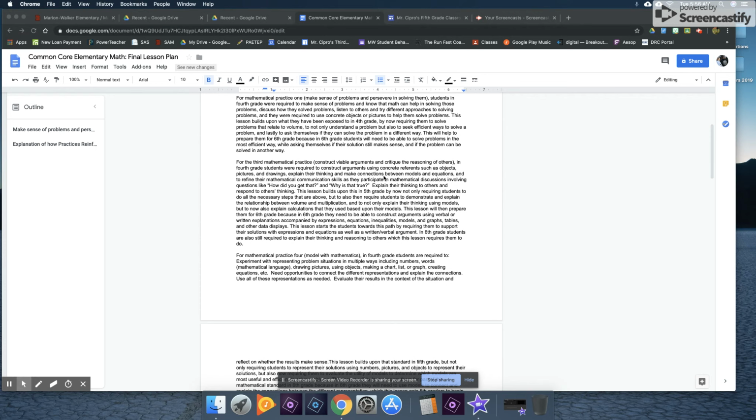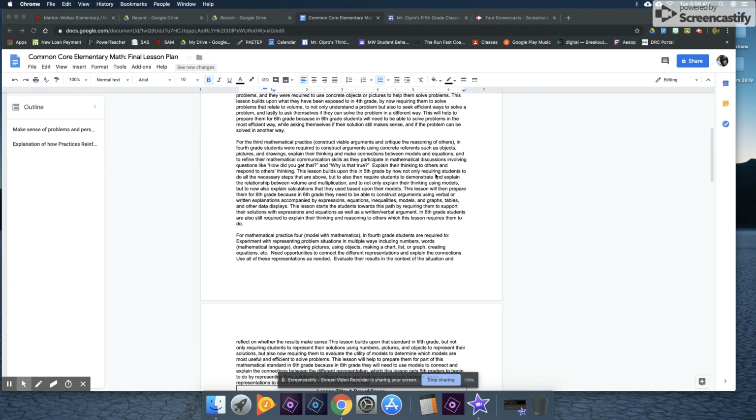They are required to explain their thinking when they're presenting their solution. This lesson builds upon that standard that they're required to do in 4th grade and 5th grade by now not only requiring students to do all the necessary steps that are above, but also then to require students to demonstrate and explain the relationship between volume and multiplication. So getting them to now see that pattern with their Unifix cubes and seeing that length times width times height formula and how it connects to multiplication.